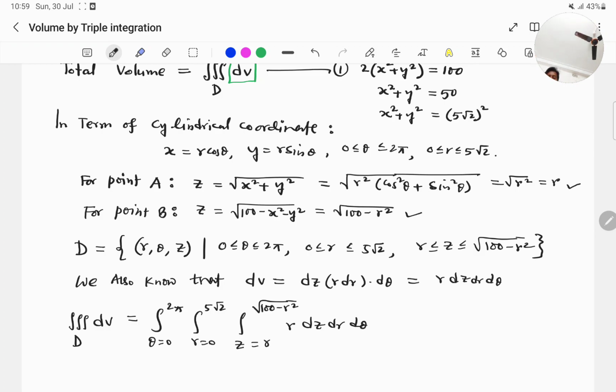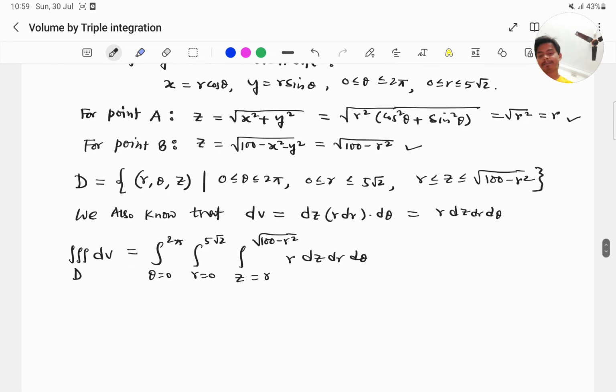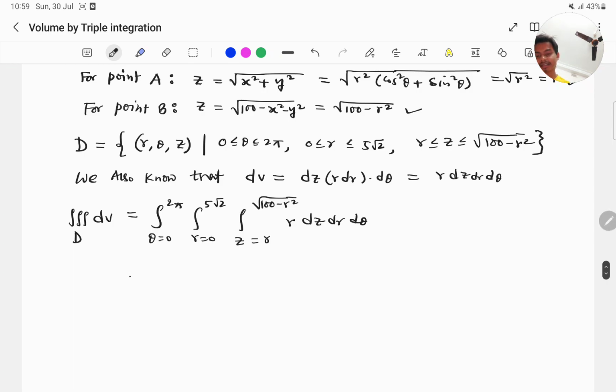Now we will calculate this integration first with respect to z, then with respect to r, then with respect to theta. So if we do that, what should we get?